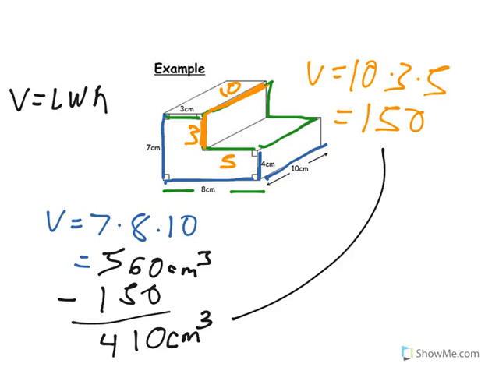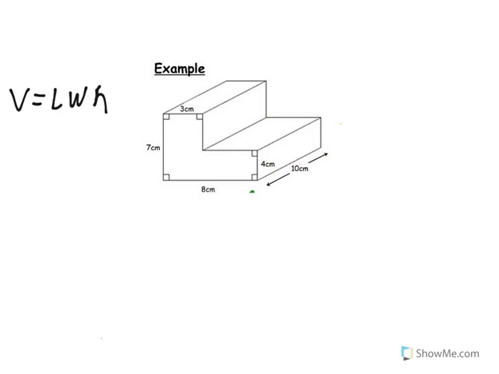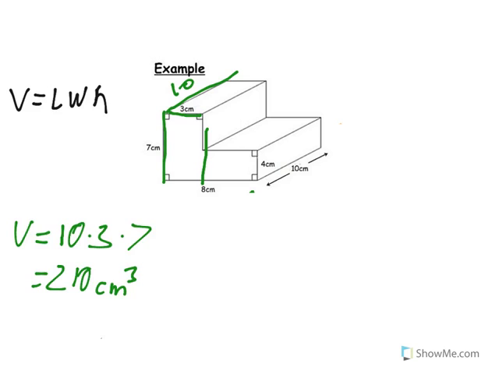A different way we could have done this would have been to simply break this shape up into two shapes. So let's break it like this. So now we have 7 by 3, and the length is 10. So the volume of that cuboid would be 210 cubic centimeters, 10 by 7 by 3. And then we can look at the other shape, and we have this length here, we have the height, and then we have this dimension.